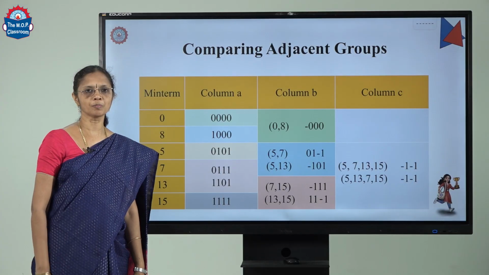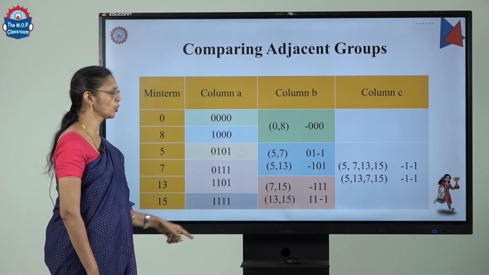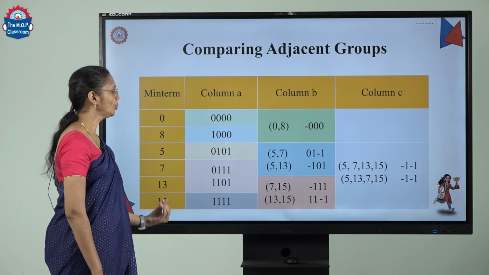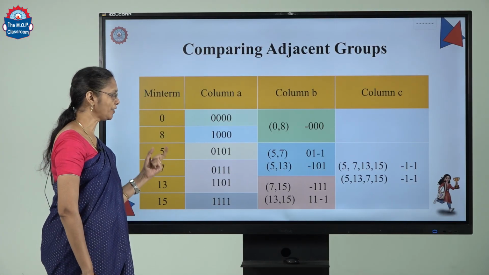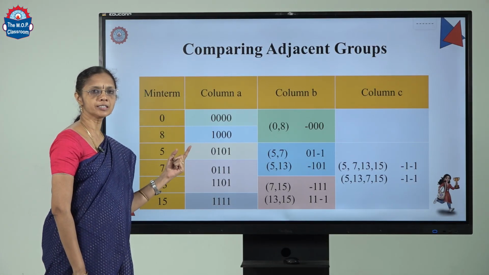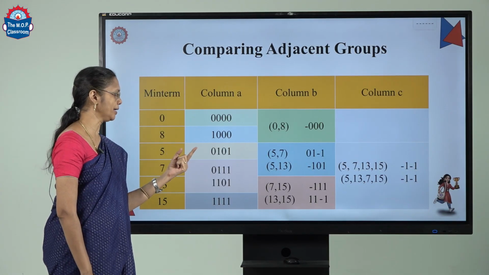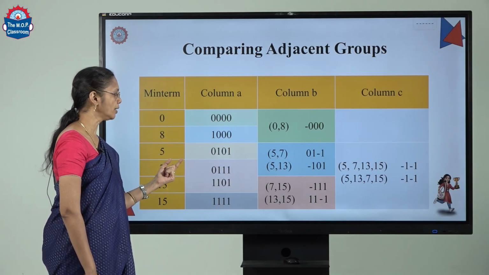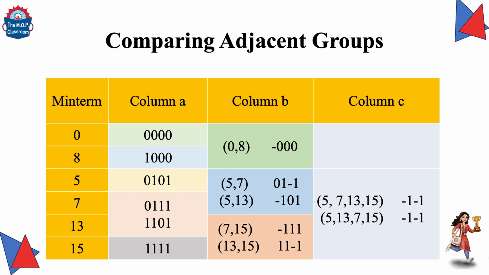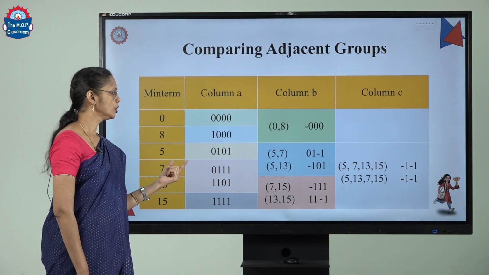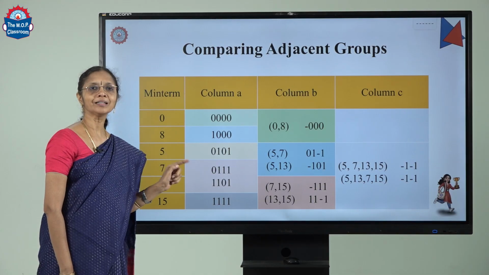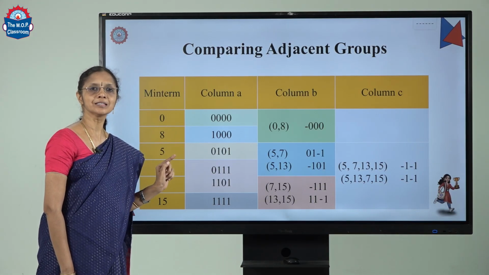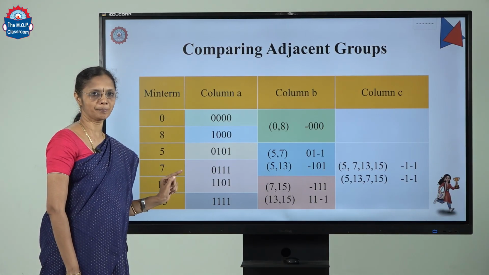Again that is not possible because it differs by more than one bit. So we move on to the group 2 and group 3. Take 5, 7. The corresponding digits are 0, 1 dash 1, and try comparing it with 7, 15. It differs by more than one bit. So that is not possible, and also you should remember that the dash should be in the same position when you are comparing.